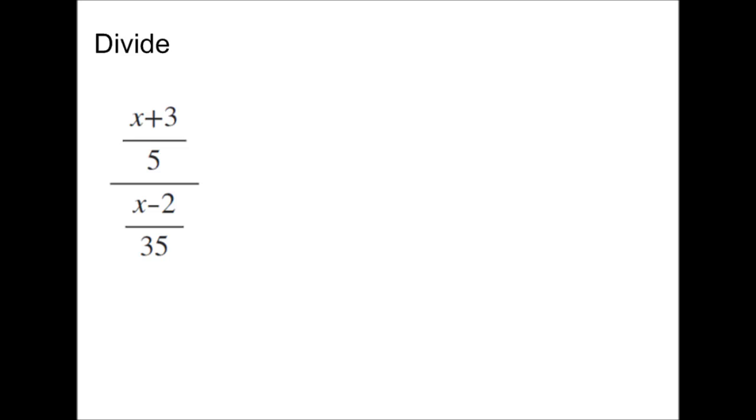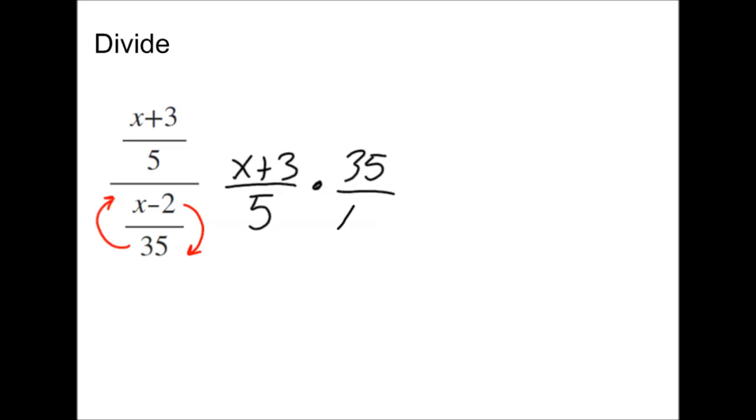The difference in this example is that we have a little more going on in the fractions. So let's do the same thing again. Remember, we are flipping around the bottom fraction. Rewrite the top one. Now instead of the big division sign, I put multiply. Now the 35 is on top, and the x minus 2 is on bottom.